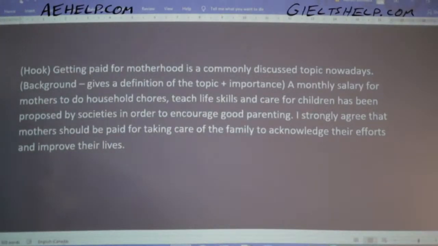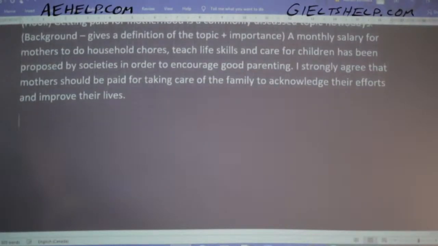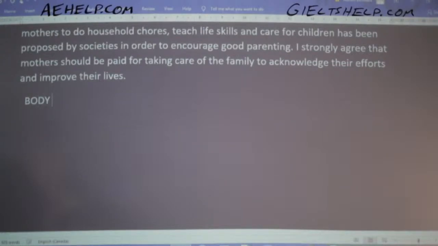Okay, so let's start writing our body paragraphs. That's the focus of this lesson. So body 1 is dealing with paying mothers for motherhood, for parenting, to acknowledge their efforts. Okay, so first is your topic sentence.